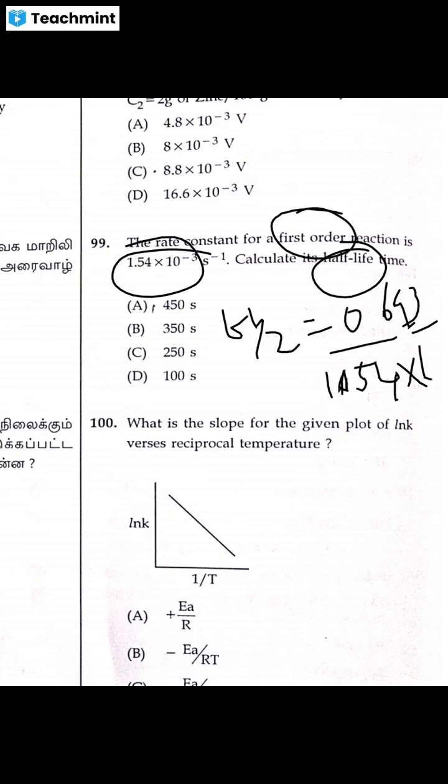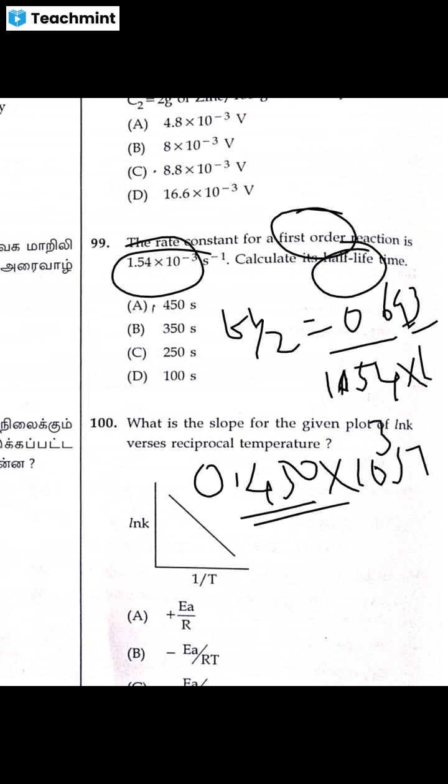I can't write it in this space. Simplifying this, we get the value 0.450 into 10 power 3 second. If we multiply it by 10 power 3, we will get the answer. It is 450 seconds.